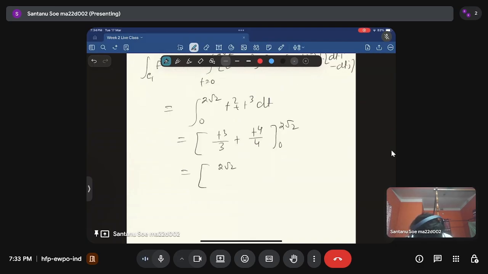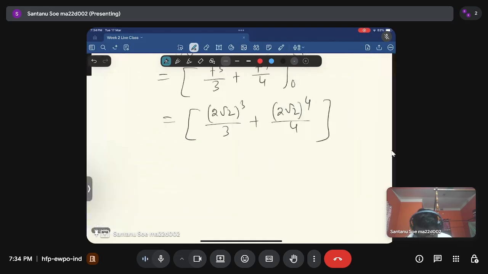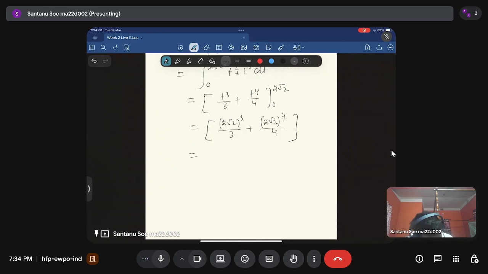So 2 root 2 whole cubed by 3 plus 2 root 2 whole to the power 4 divided by 4. So this is 16 root 2 by 3 plus 16 multiplied by 4 by 4, which is 16 root 2 by 3 plus 16.